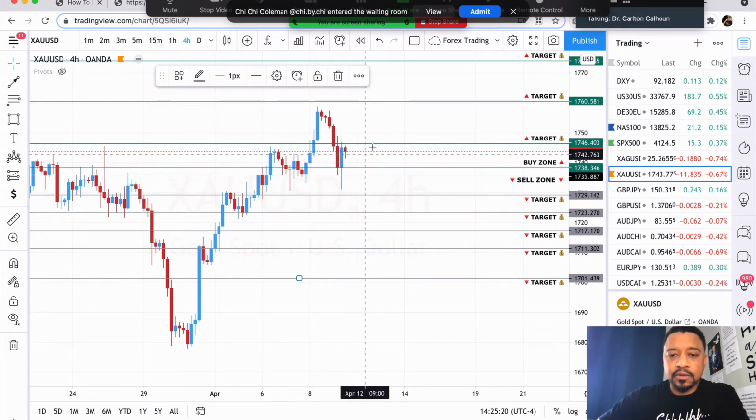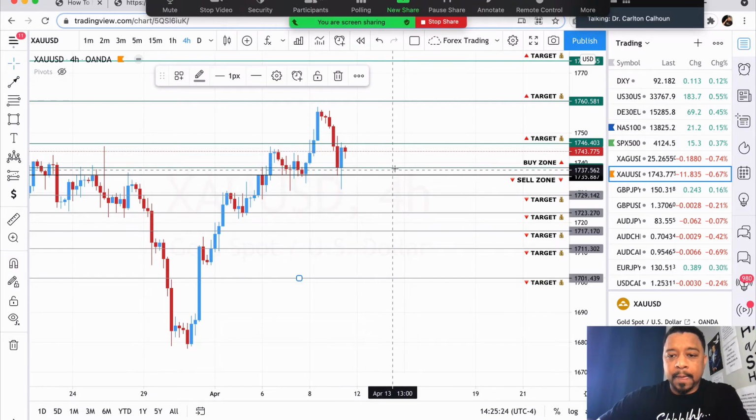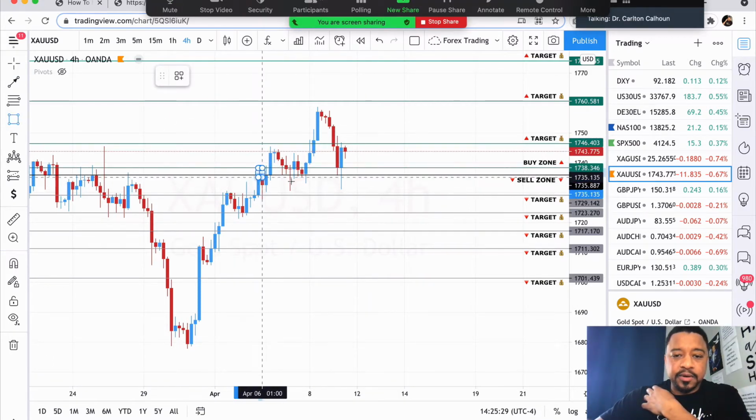Little head and shoulders. So see if it comes up and drops. Just pay attention to this area right in here.